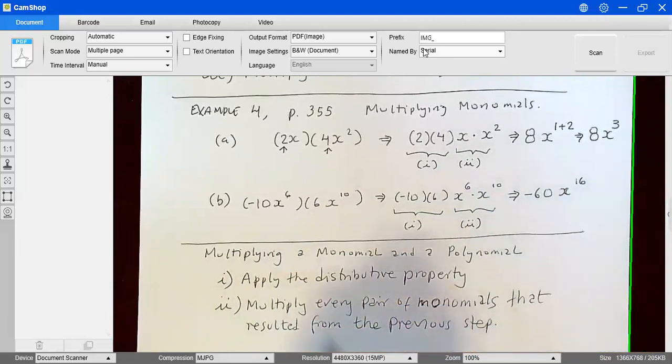So that after applying the distributive property, we're going to end up with a series of multiplication of monomials.